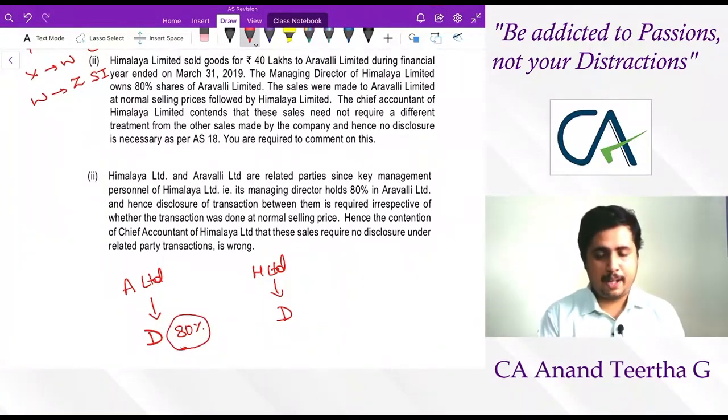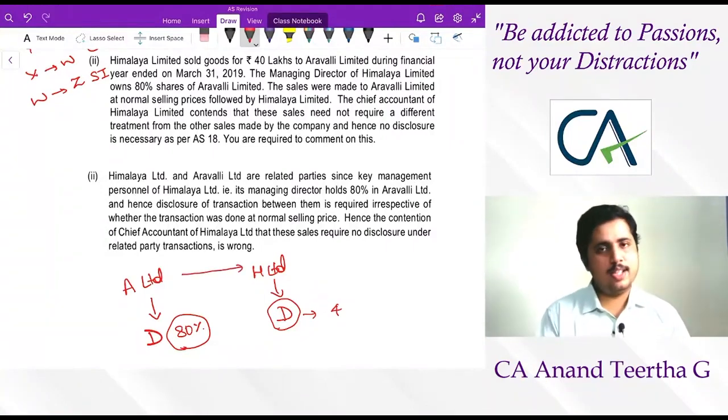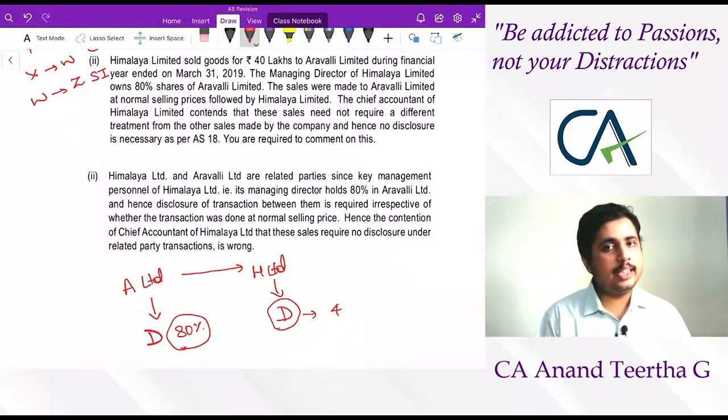Control in an enterprise where for the reporting enterprise he is related according to point number 4. Now, they are having a transaction. This is point number 5, related party relationship. So, person covered in point number 3 or 4 controls one entity. Then that entity has a contract with the reporting enterprise. It's a related party.